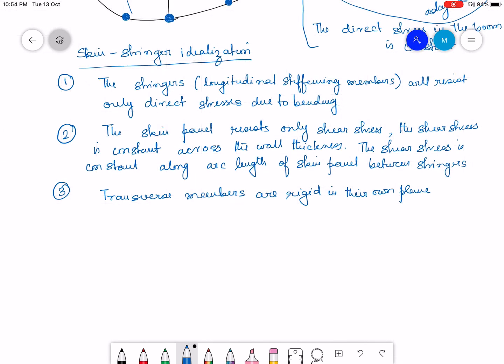In the approximated cross section, let me also summarize this.